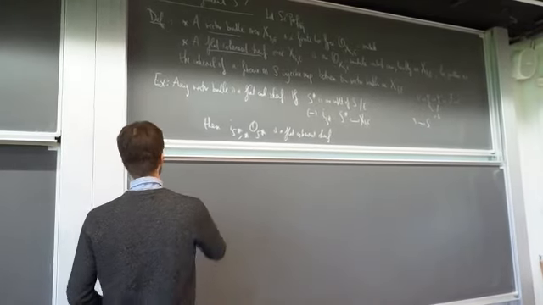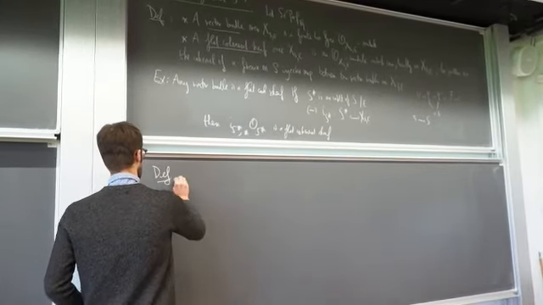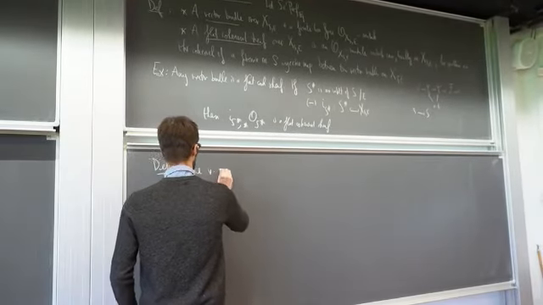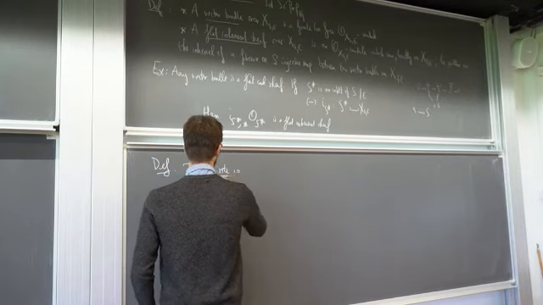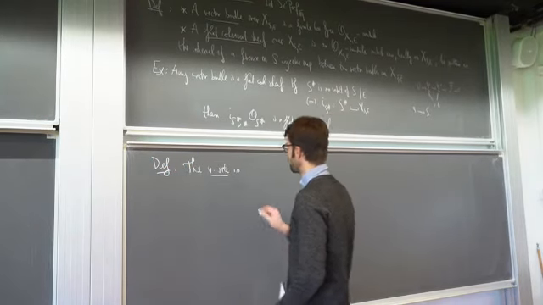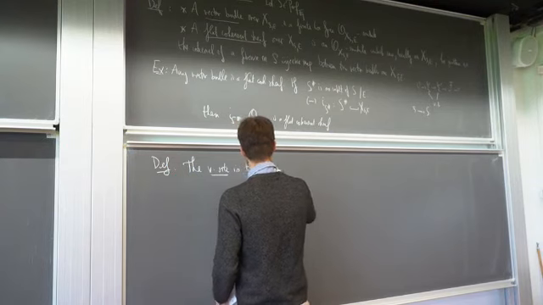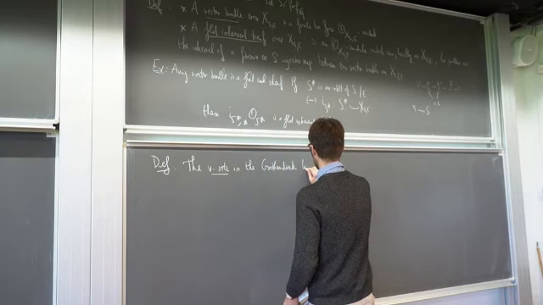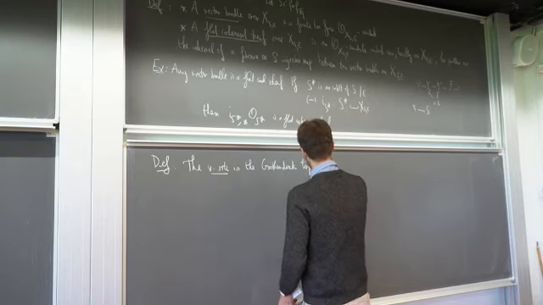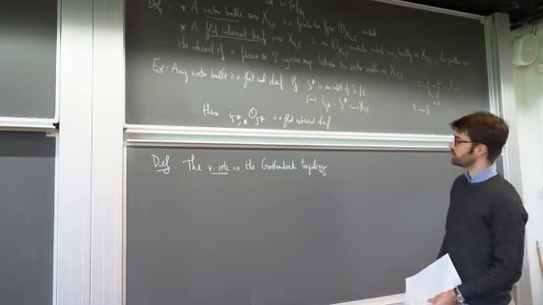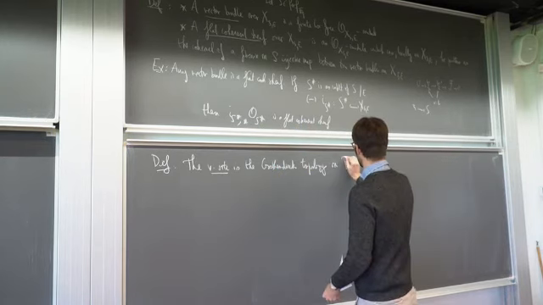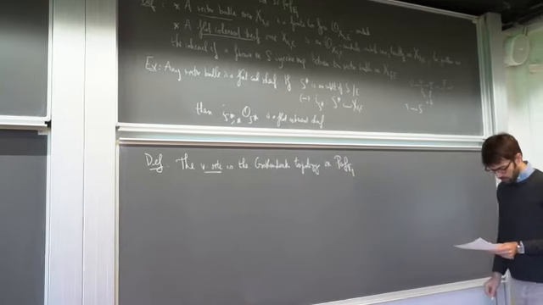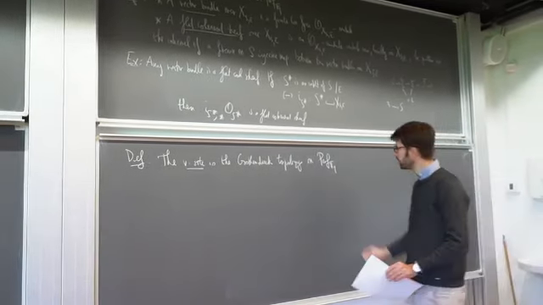Okay, so now comes another definition. I want to define the v-topology. So the v-site on all perfect spaces of characteristic p. The underlying category is the category of perfect spaces over F_q, and I want to endow this with a certain Grothendieck topology.